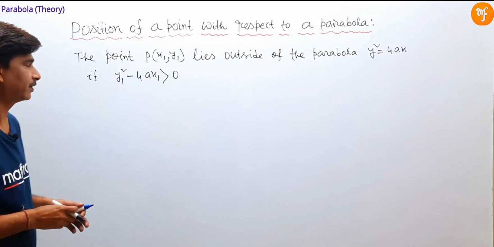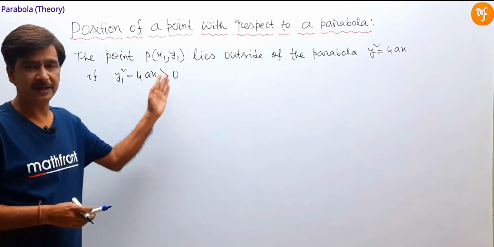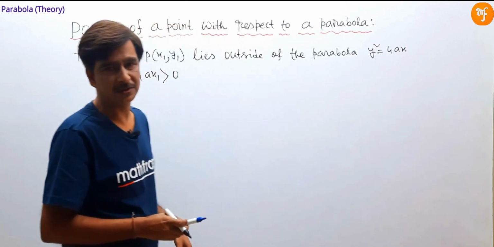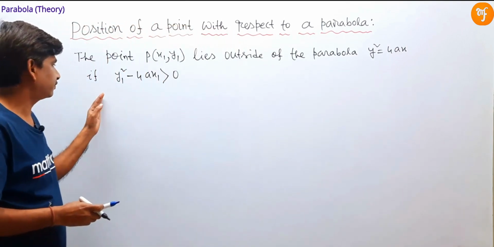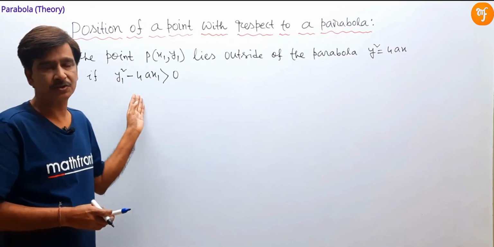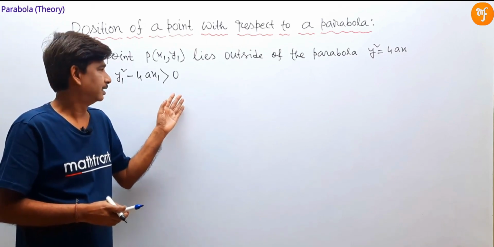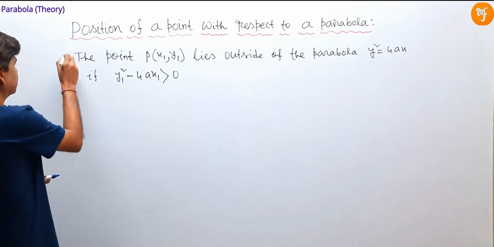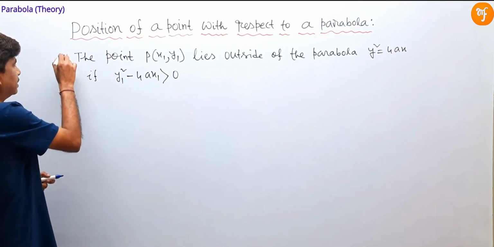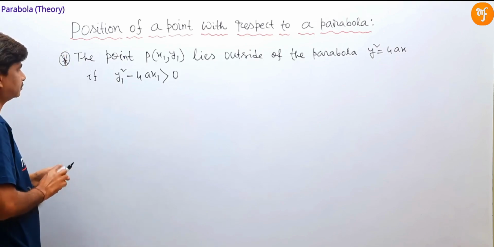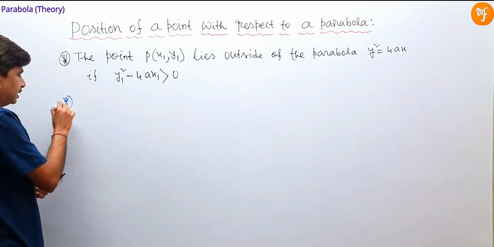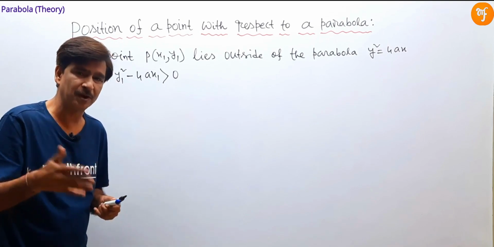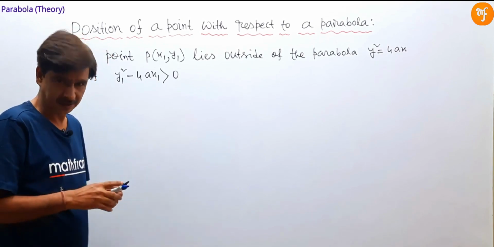So this is our first concept. The point P x1, y1 lies outside of the parabola y square is equal to 4ax if and only if y1 square minus 4ax1 is greater than 0. Okay, clear? So this is the first concept. The second concept is, if the point lies on the parabola, then the equation of the parabola must be satisfied by this point, is it?